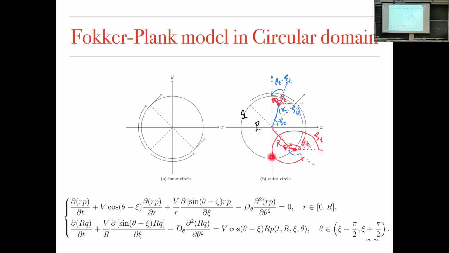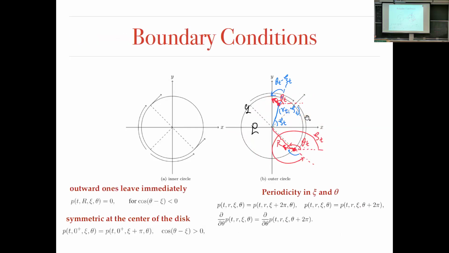If we consider a disk like this, then we can do a similar simulation. The details of how we write down all those boundary conditions, I won't discuss because there are too many details here, but the principle is the same.